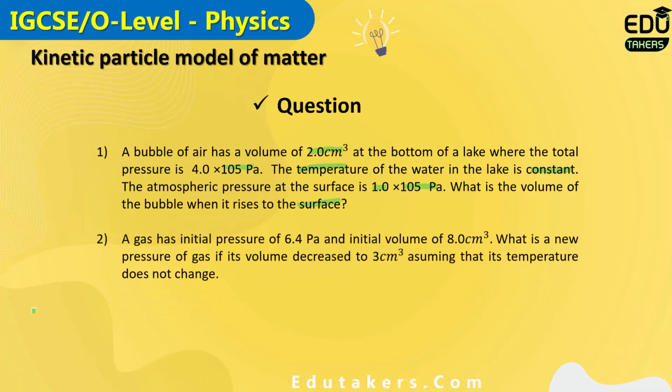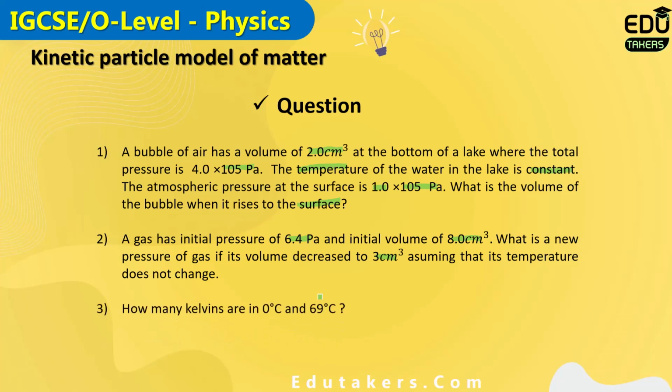A gas has an initial pressure of 6.4 Pascal and an initial volume of 8.0 cubic centimeter. What is the new pressure of the gas if its volume decreases to 3 cubic centimeter, assuming that its temperature does not change? So here again the temperature is constant, and initial pressure and volume are given. You need to find out the new pressure if the new volume is given.